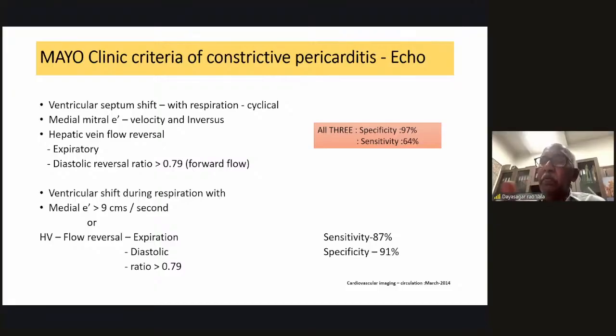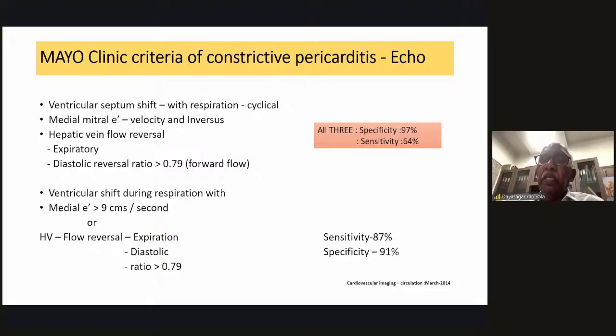This can be demonstrated both by 2D echo and also by M mode across the RVOT. If that is present, it is one of the first and most important criteria. The septal shift indicates there is limited space available for the ventricles to fill, so one ventricle has to fill only at the expense of the other. Both cannot fill simultaneously to the same extent. That formed the first criterion.